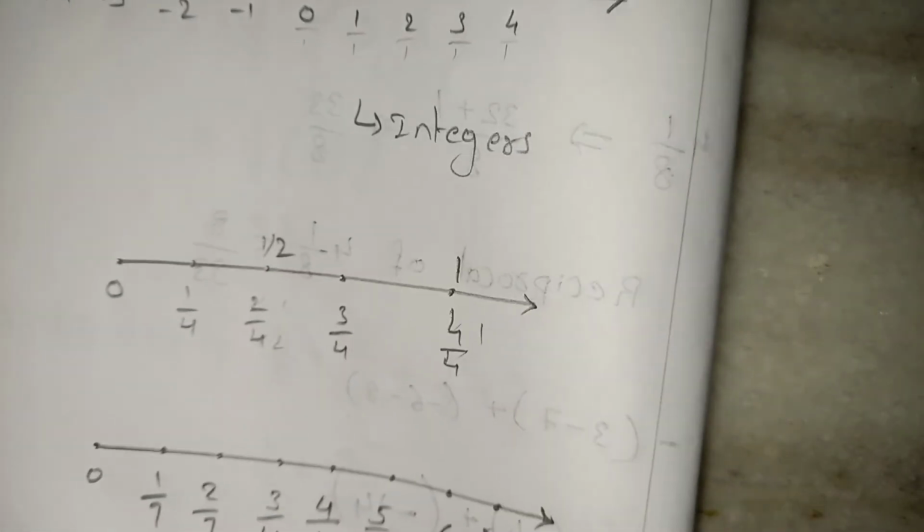If I want to divide it into 8 parts, you can write 1 by 8, 2 by 8, 3 by 8, like that.